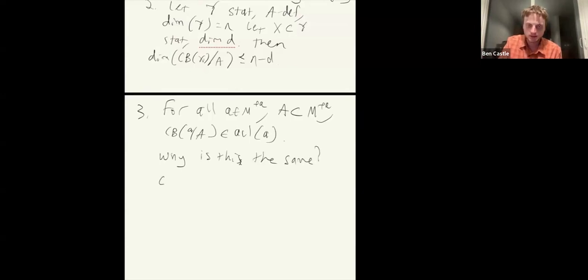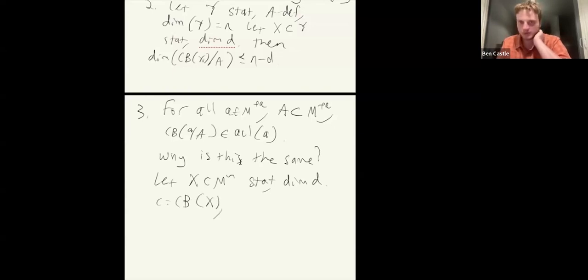Okay, so let's let C be the canonical base. So for instance, let's say X in M to the N, stationary of dimension D, and C is the canonical base. And then we take some generic.